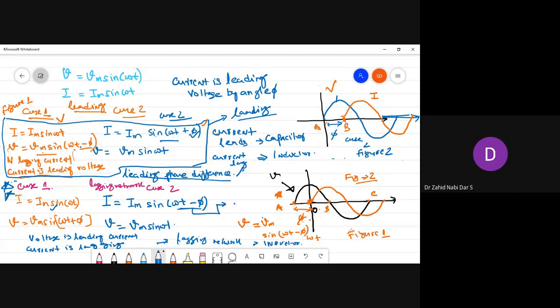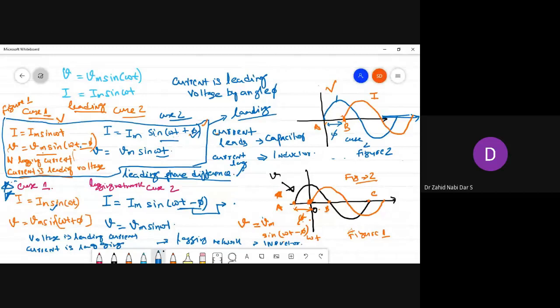Manoj is behind Prakash means Prakash is ahead. If I have to calculate this angle, with sine omega t and this omega t, omega t cancels and I get a phi angle. Here also I get a phi angle, so the distance between them is phi. Got my point?